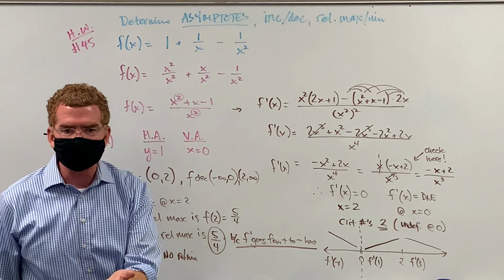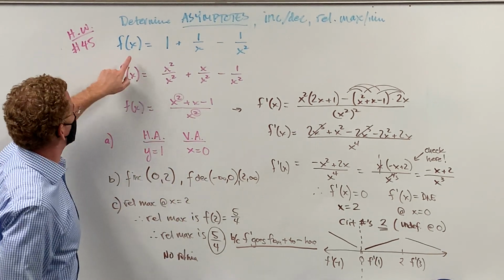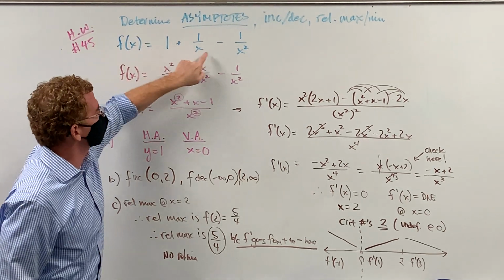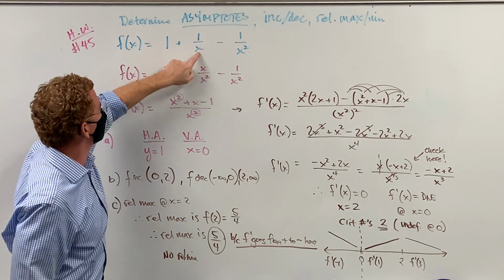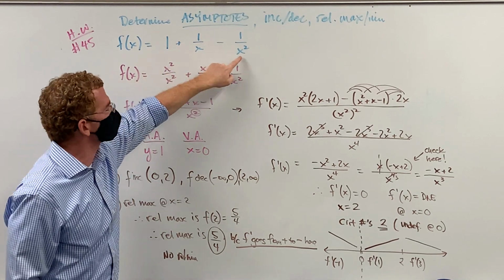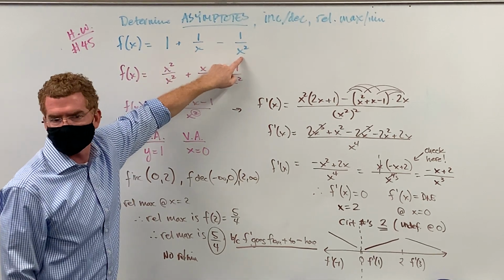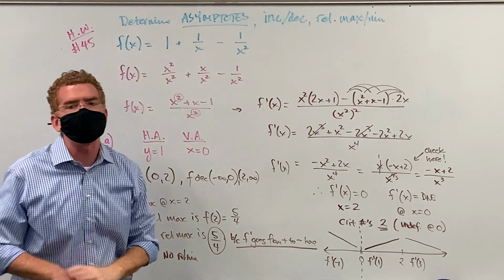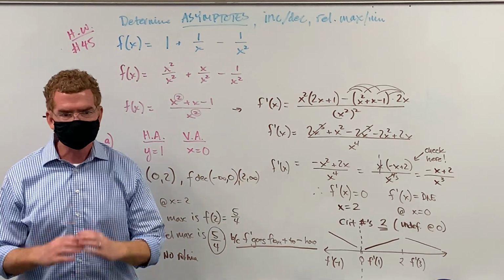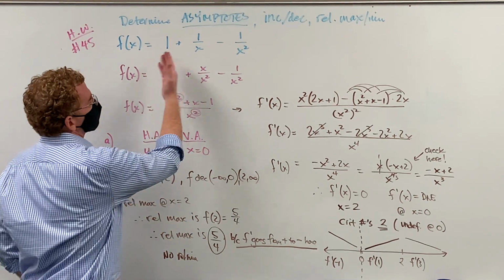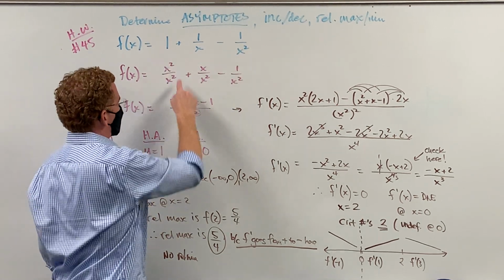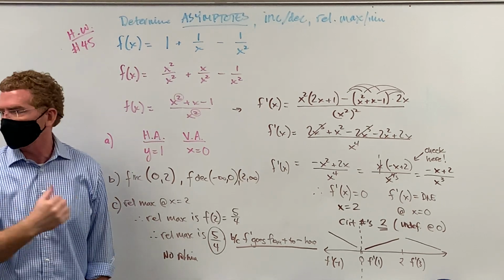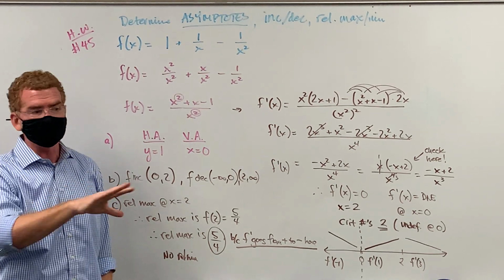But also you could have said this: if I'm really taking a limit to infinity, and I plug infinity in here, what do these values become? I plug infinity there and infinity there. What's 1 over a massive number? 0. So I really end up with 1 plus 0 minus 0, which is just 1. So the horizontal asymptote, you could have found it by thinking of a limit to infinity or negative infinity, which is really where we need to be.